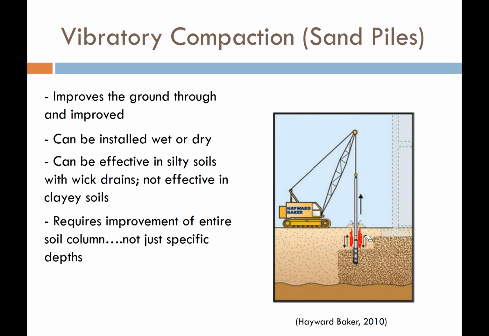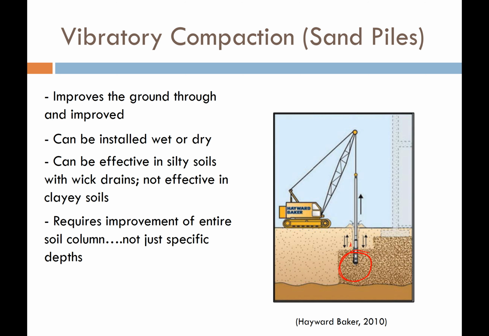And then somebody at the top shovels sand down the hole that's created, and they just keep shoveling sand. The point is that we're adding more volume to the soil and increasing its relative density.